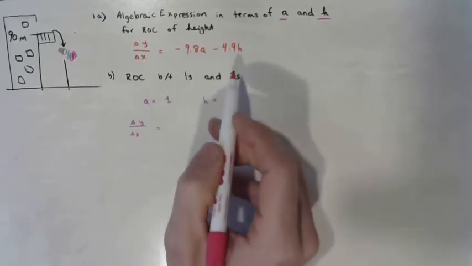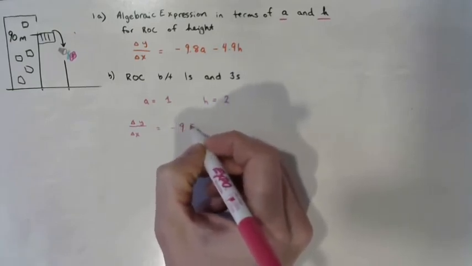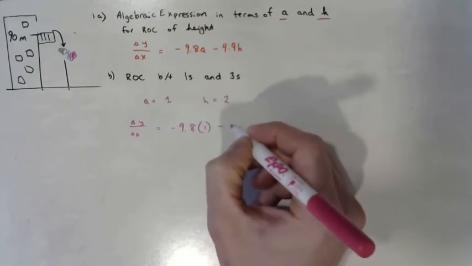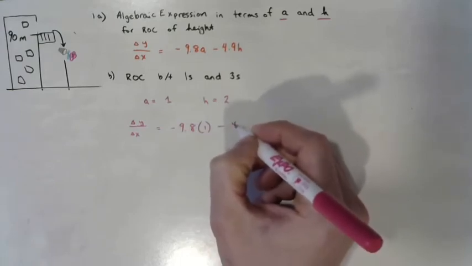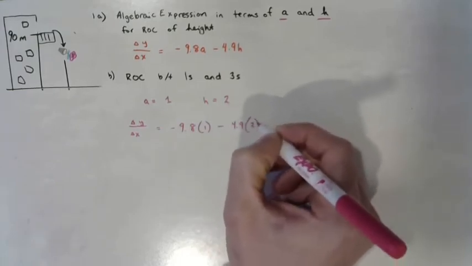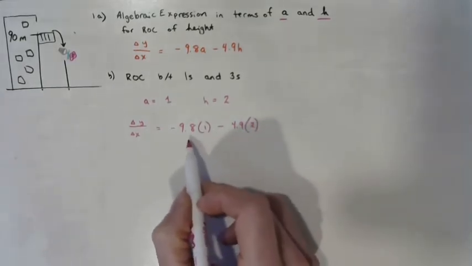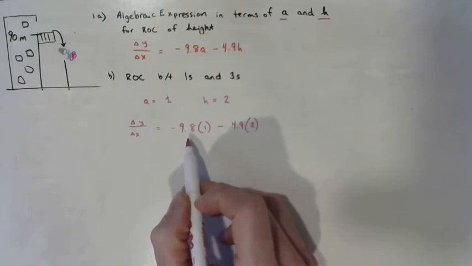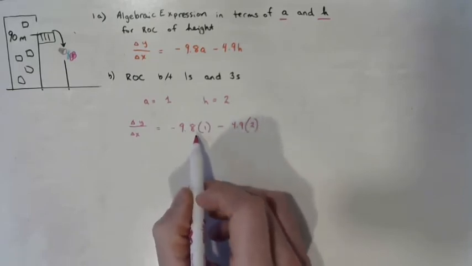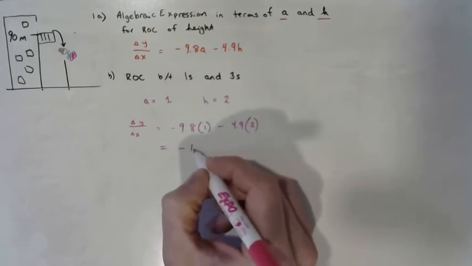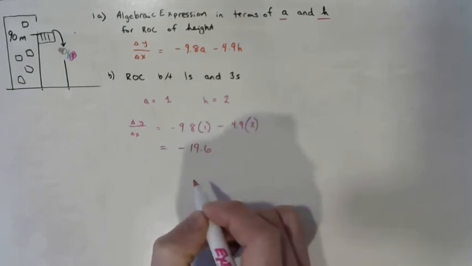I've copied our equation here. Just going to sub in our known values. That's negative 9.8 times 1 minus 4.9 times 2. 4.9 times 2 is 9.8. And they're both negative, so we've got negative 9.8 minus 9.8, which equals negative 19.6.